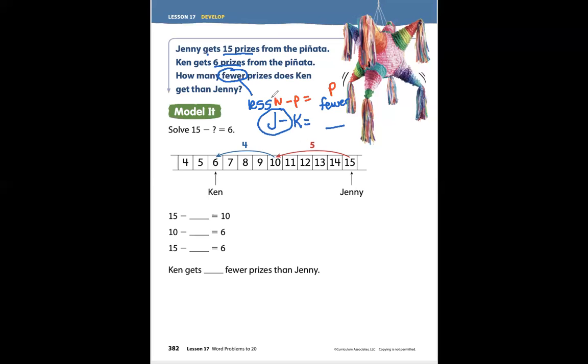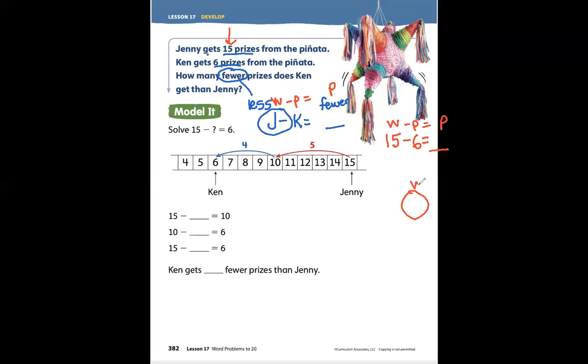How many did Jenny have? Jenny had 15 prizes, right? So 15 minus, just like we had here, here's Jenny. Jenny was 15 minus the amount Ken got, 6, equals blank. 15 minus 6 equals blank. Whole minus a part equals a part.